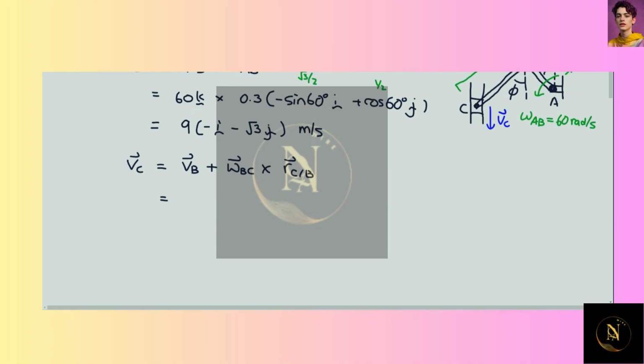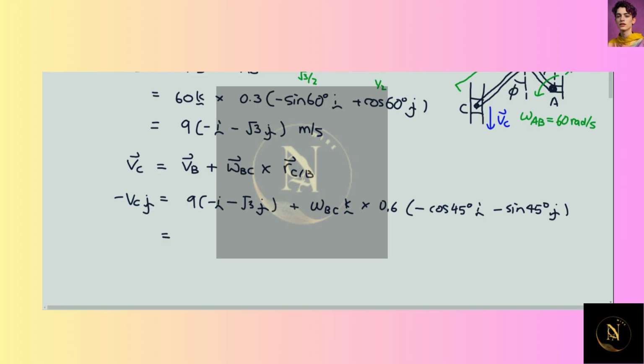So vC will be written as minus vC in the j direction. vB is 9 times minus i minus root 3 j, and omega BC we will just set as positive k, cross the position vector of C relative to B, which is 0.6 times minus cosine 45 degrees i minus sine 45 degrees j.